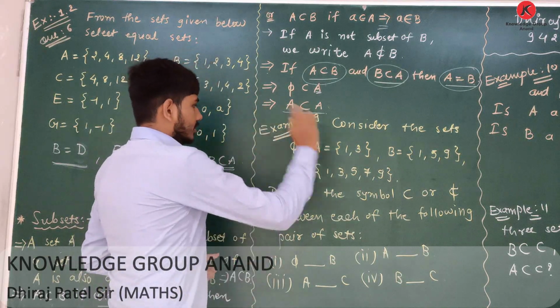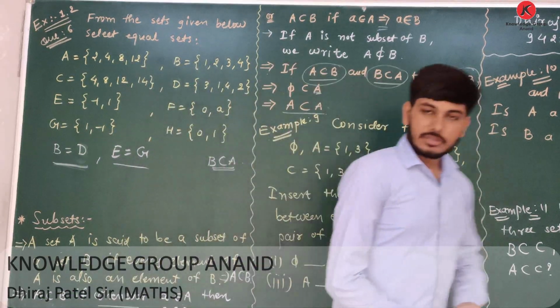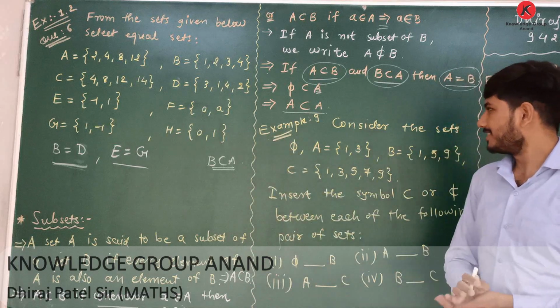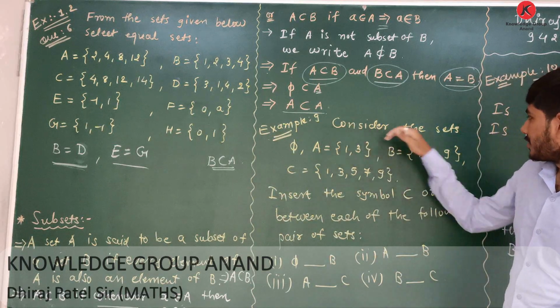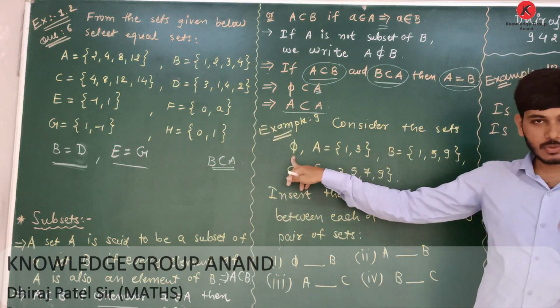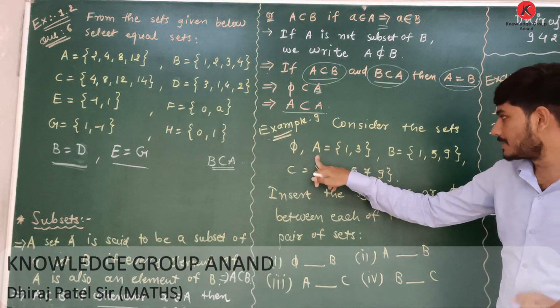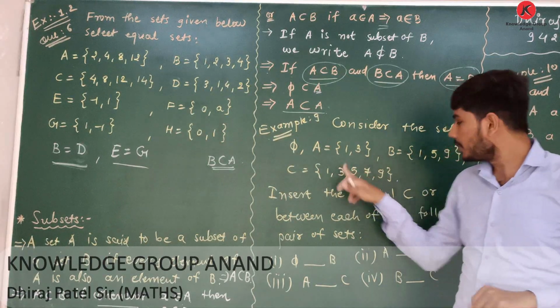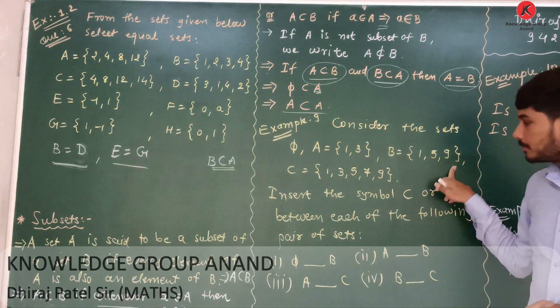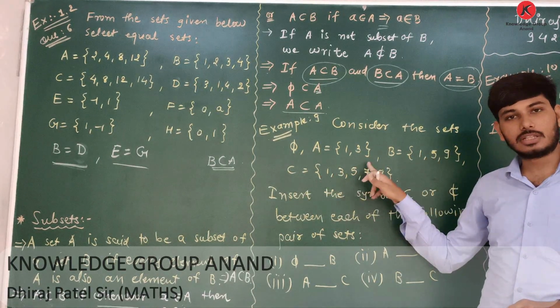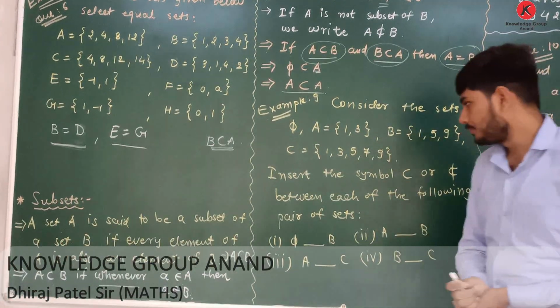Now the most important example, number 9. Consider the sets. First one is the null set. Second is set A equals {1, 3}. Set B is {1, 5, 9}. Set C is {1, 3, 5, 7, 9}.